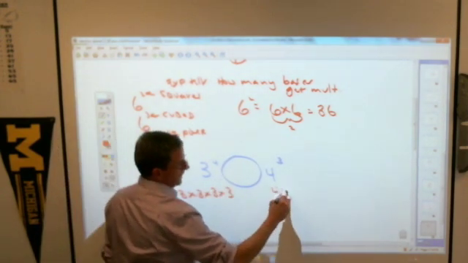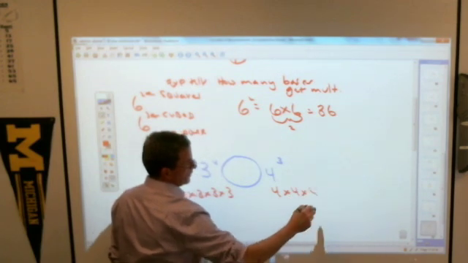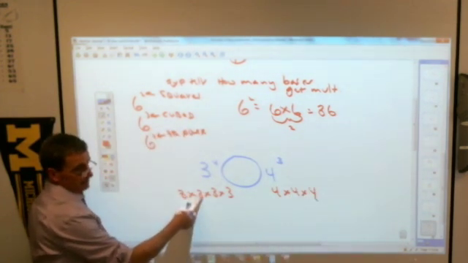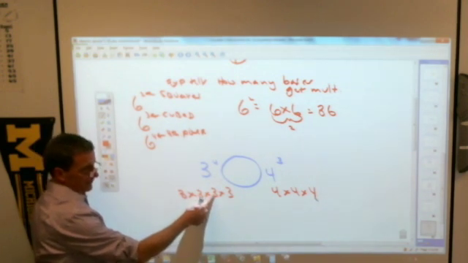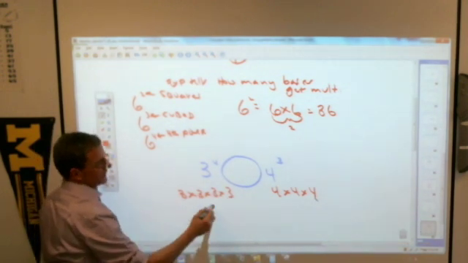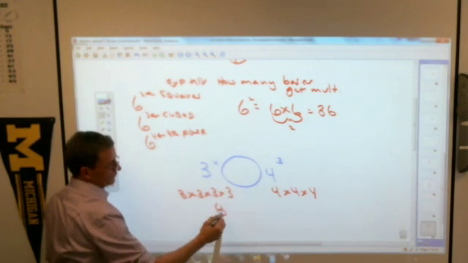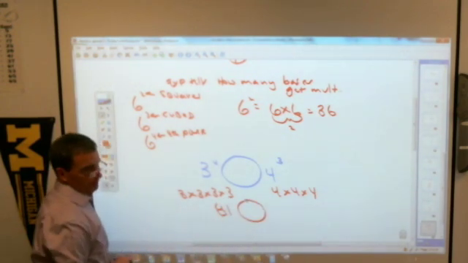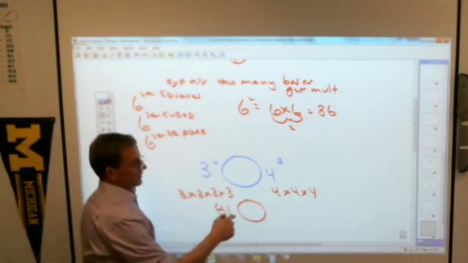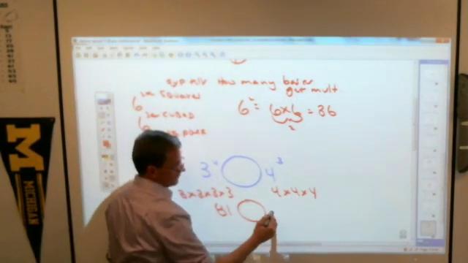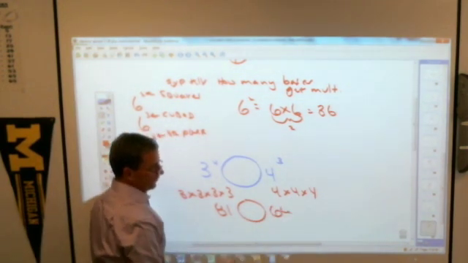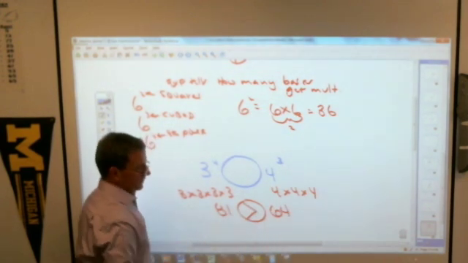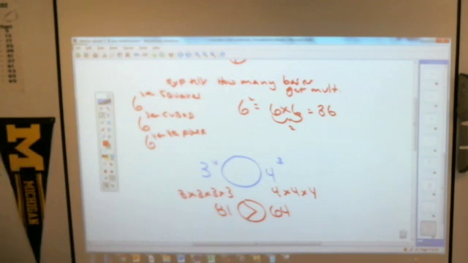What is 3 to the fourth power? 3 times 3 is 9. 9 times 3 is 27. 27 times 3 is 81. It's not 12, that's 3 plus 3 plus 3. And 4 to the third power is not 12. It's 4 times 4 is 16. 16 times 4 is 64. So this one is bigger than that.